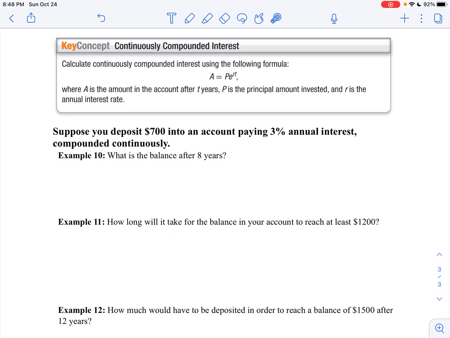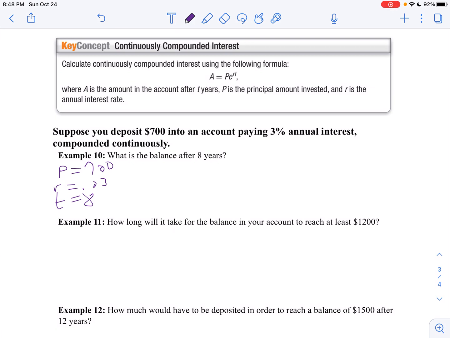So suppose you borrow or you deposit $700 into an account paying 3% annual interest compounded continuously. What's the balance after 8 years? Well, in this problem, P is going to be 700, r is going to be 0.03, and t, my time, is going to be 8.